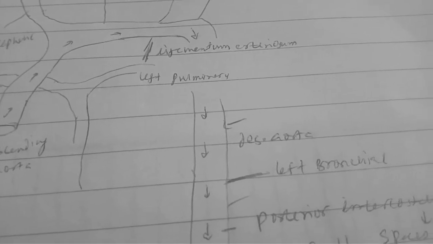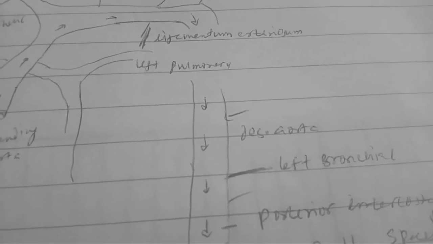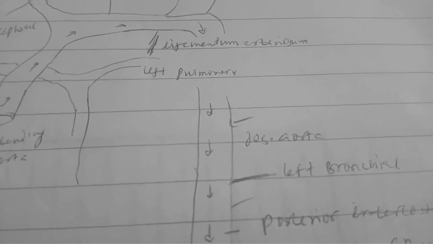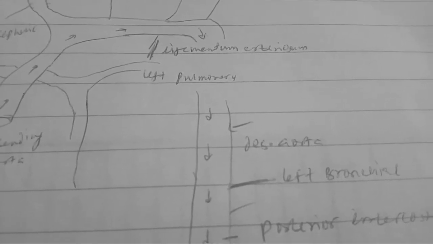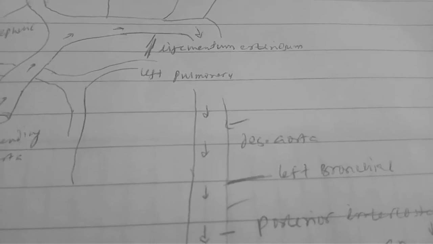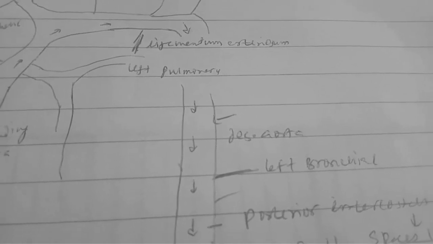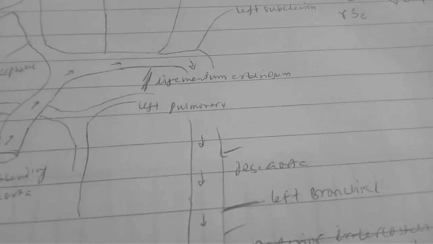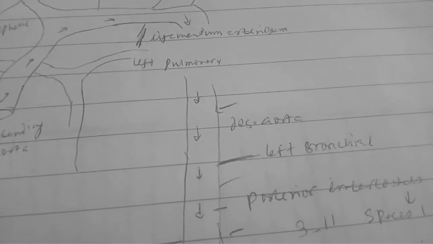When we started to breathe on our own, we no longer needed the shunt, so there's only the remnant of that in the form of a ligament, very narrow, just the attachment site on the left pulmonary side that we see.